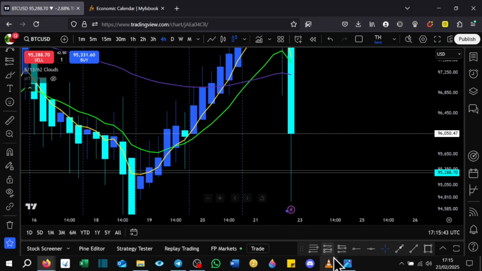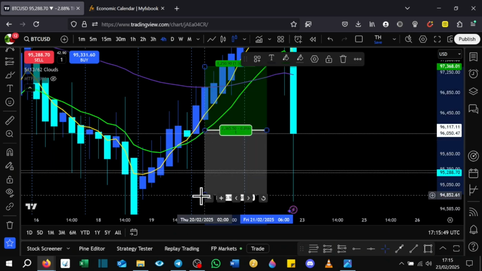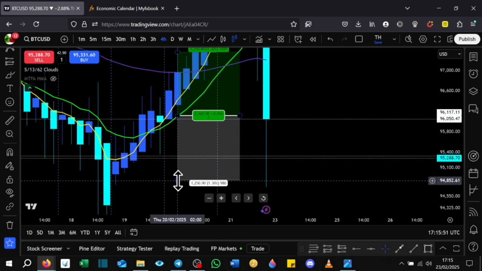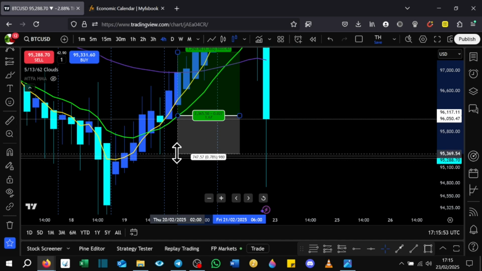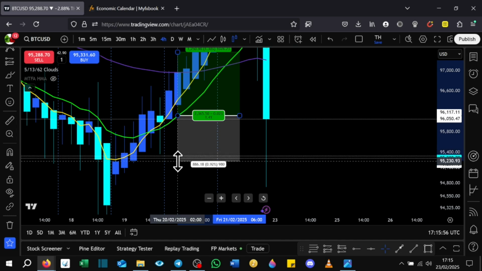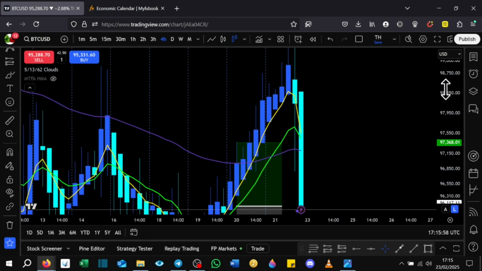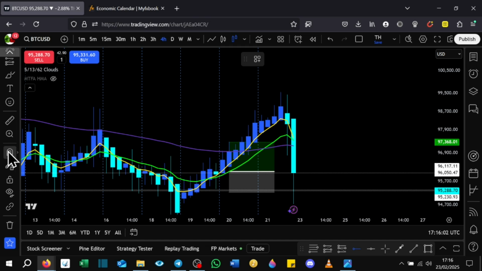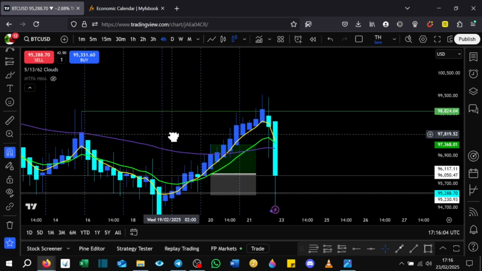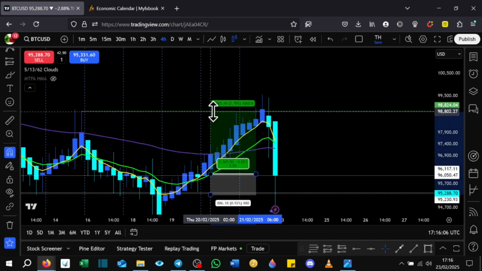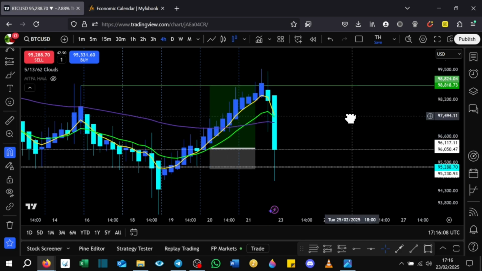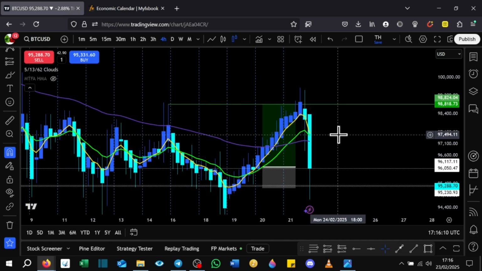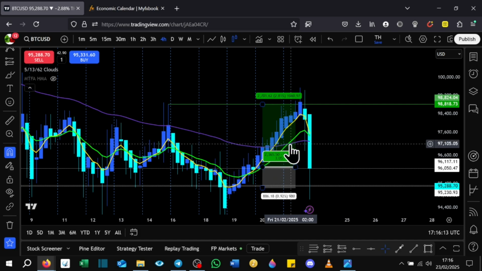So what we do is we set a buy stop on the open of this candle, and then for the stop loss you can have it just below the low there, or a little bit more for room to avoid getting stopped out. And then TP would be good to take out this high here, and that was a 1-to-3 trade right there. So that was a very, very good trade on Bitcoin.